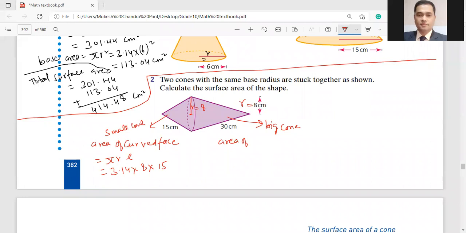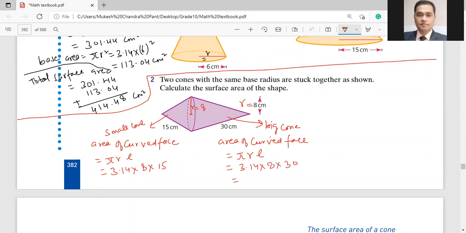Now the area of this curved face is again pi times r times L, but here L is different. It is 3.14 times r, which is 8, times 30.